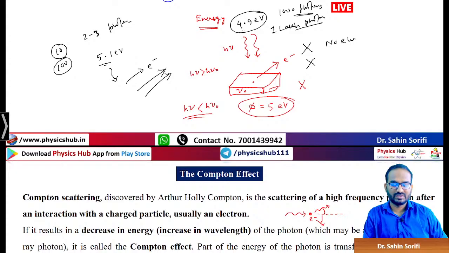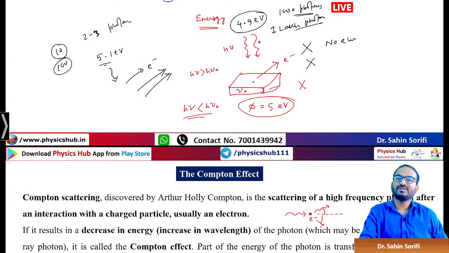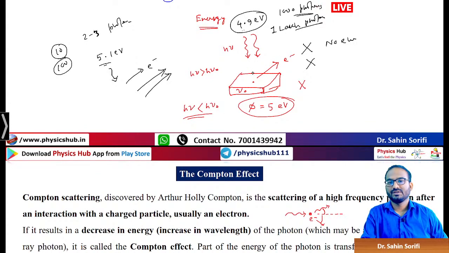I think you got the point now. The number of electrons depends on the intensity of the incident photon, when the energy of the incident photon is more than the work function, or the incident frequency is more than this threshold frequency.